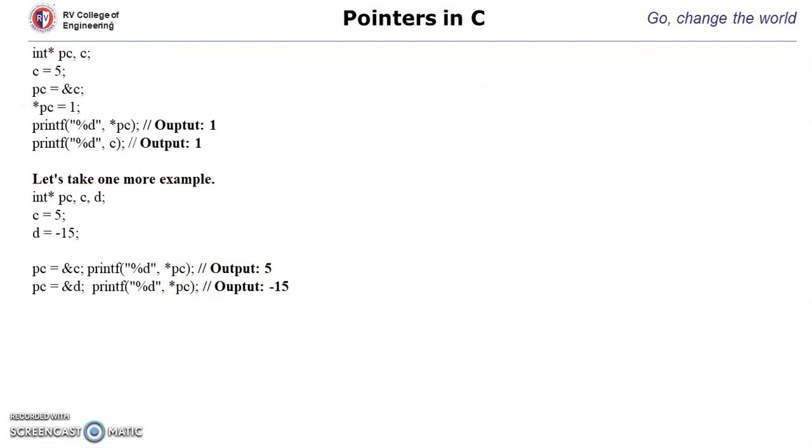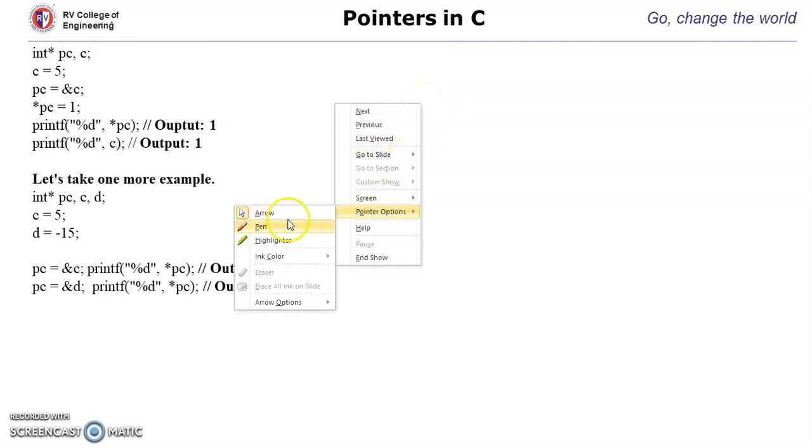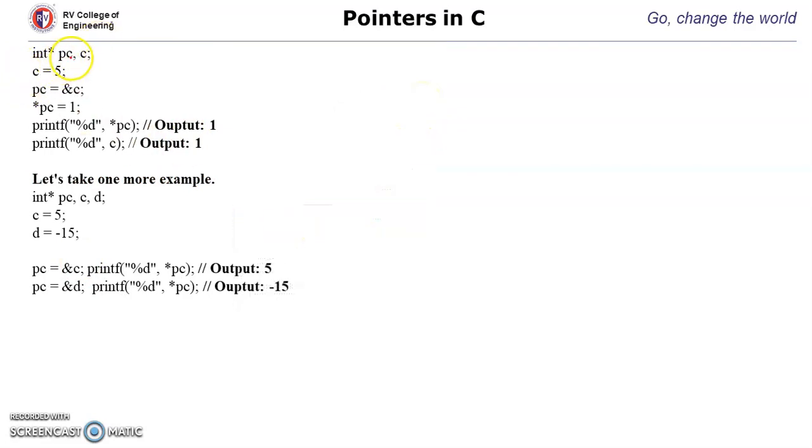Let's take another example. The same thing: PC is a pointer variable, C is a normal variable, and C has value 5. PC has the address of C, and then we are saying star PC is equal to 1, and we are printing star PC and C. When we have assigned the address of C to the pointer variable PC, and then change star PC to 1, since PC and the address of C are the same, C will be equal to 1.